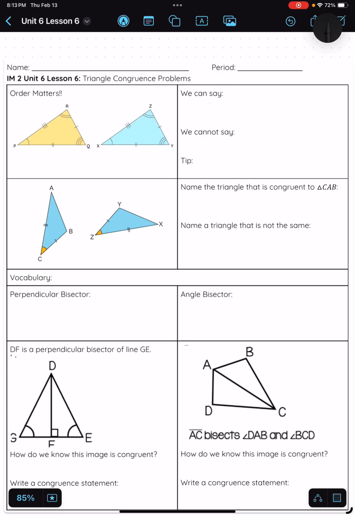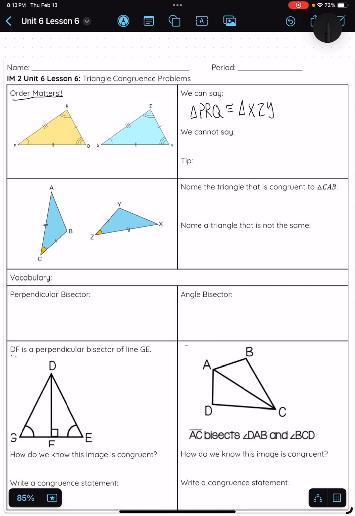The first thing that we want to talk about is that order matters. When we're naming triangles, the order of the letters matters. So we can say that triangle PRQ is congruent to triangle XZY.